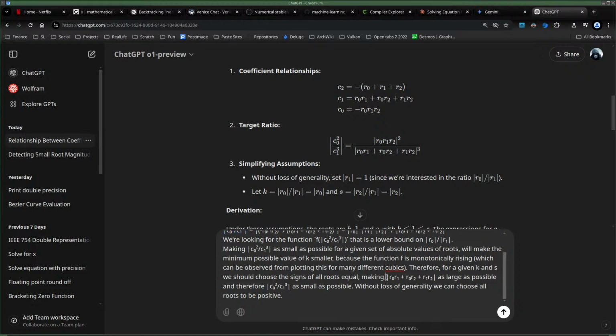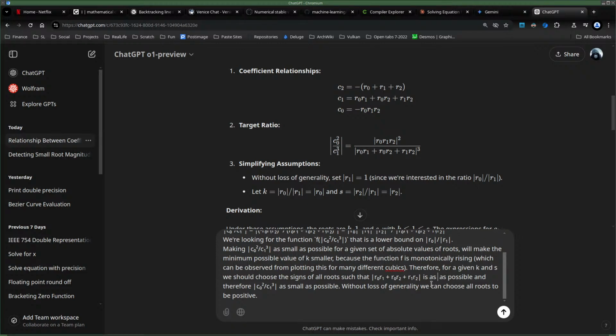So we must make this as small as possible. So for any given k and s, we should choose the signs of all roots such that this is as small as possible. No, sorry.